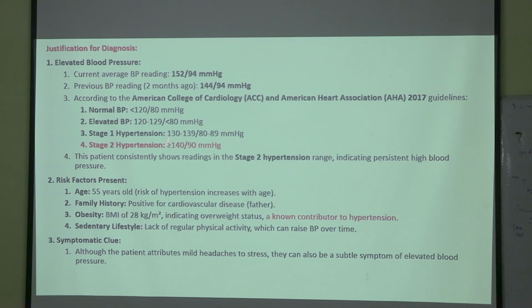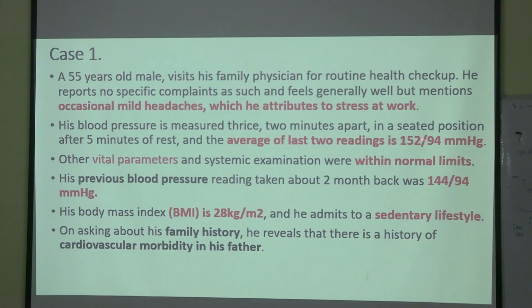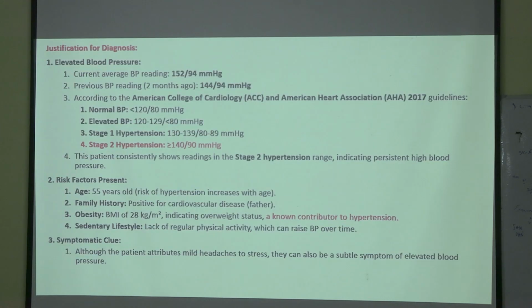So these are the reference informations. If we compare the informations given in the case with the reference informations, we can categorize our subject. Our subject falls under this category, right?